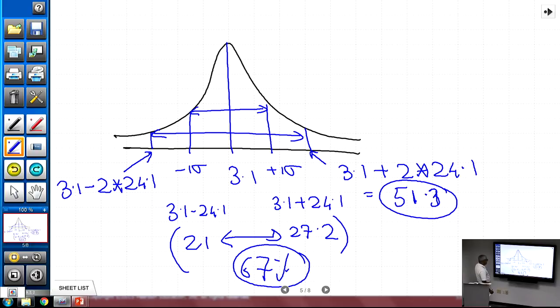So that would be 48.2. So negative 48.2 plus 3.1 would be minus 45.